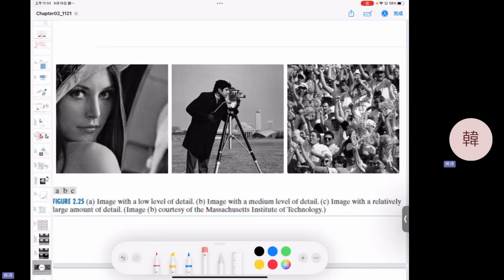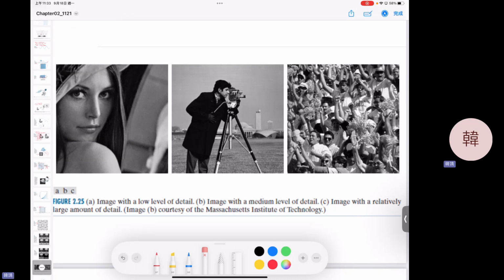You can tell me a girl, a gentleman, boys. No, that's not what I'm going to say. It's a cameraman. It's Lena. They are all very famous images for image processing.